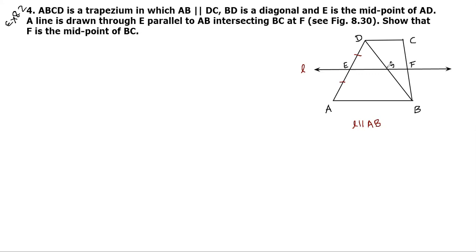That is the converse of the midpoint theorem: the line through the midpoint of one side of a triangle, parallel to another side, intersects the third side at its midpoint.